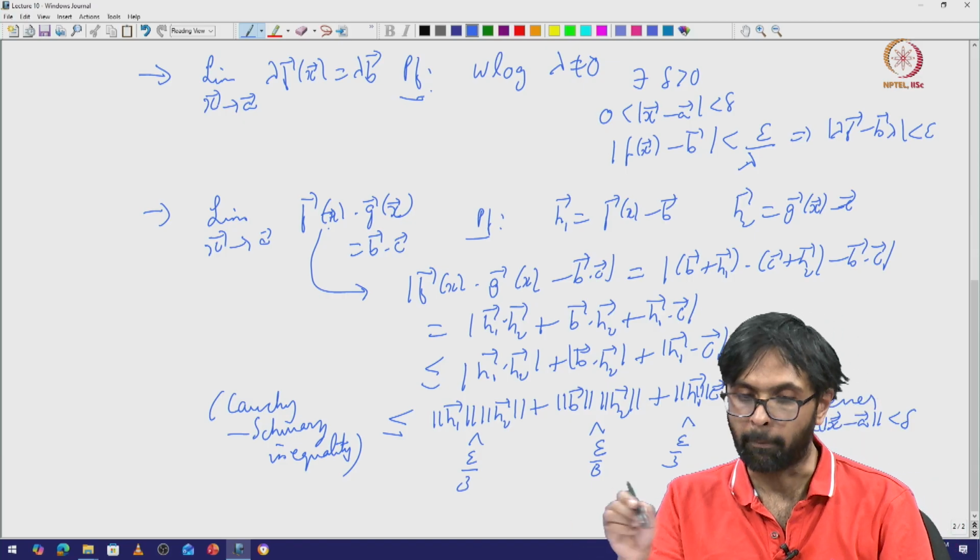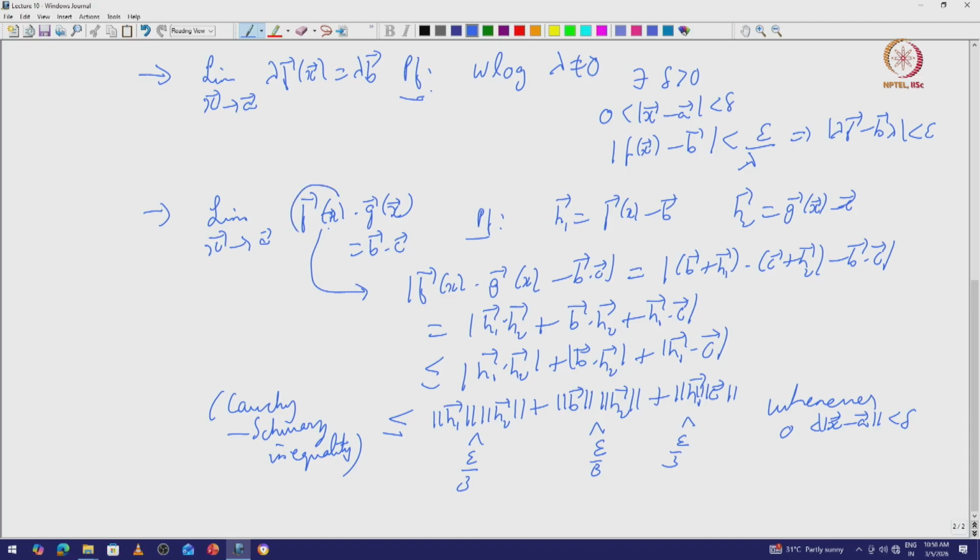Surely, by definition of this limit being equal to this as x goes to a, when x is very close to a, in other words, there is a delta so that when x is delta close to a, this error vector can be made as small as we want. In particular, we can make it smaller than epsilon divided by 3 times norm of c.